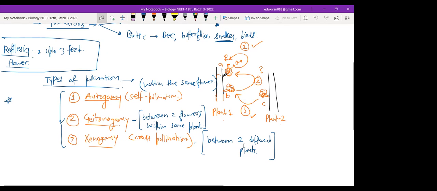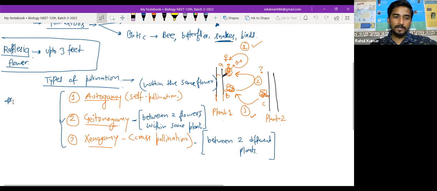Yes, sir. Perfect. So write down this as an in-class homework for you. You have to figure out four examples of plants, four examples of each: autogamy, geitonogamy, and xenogamy.